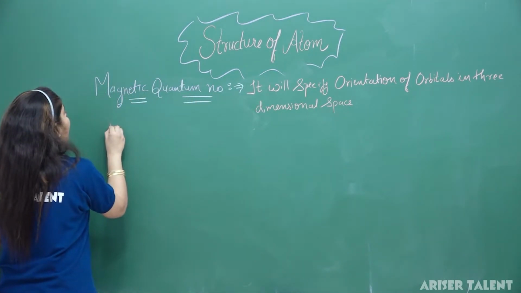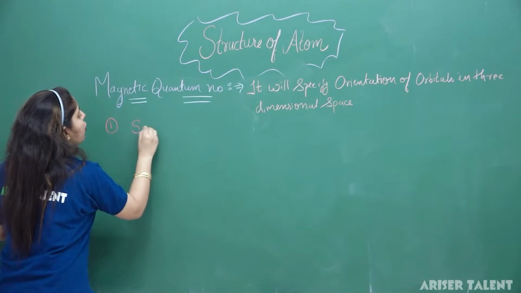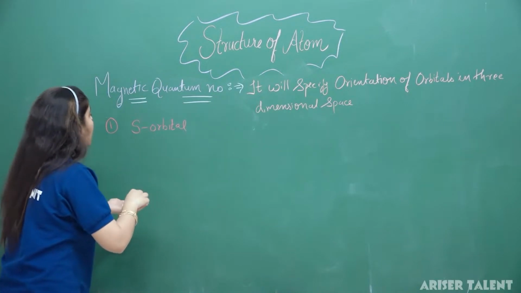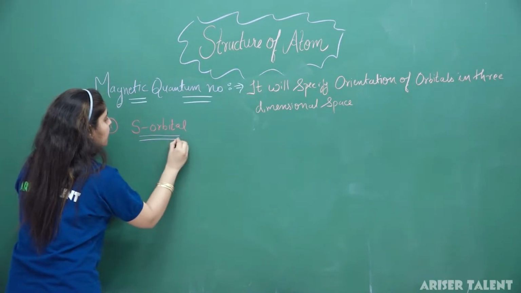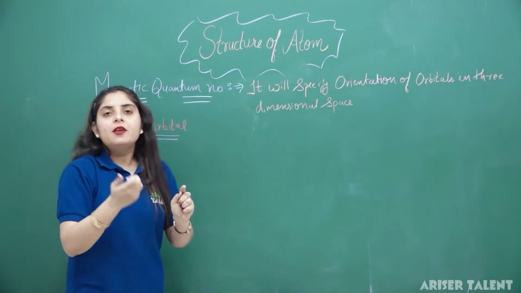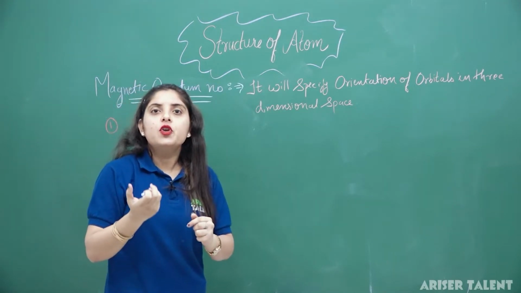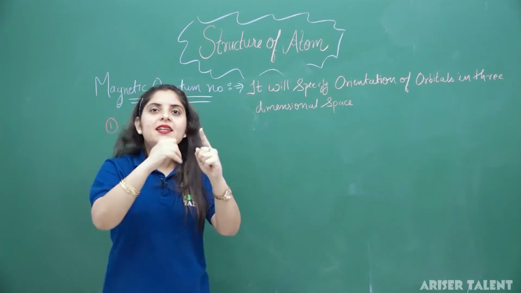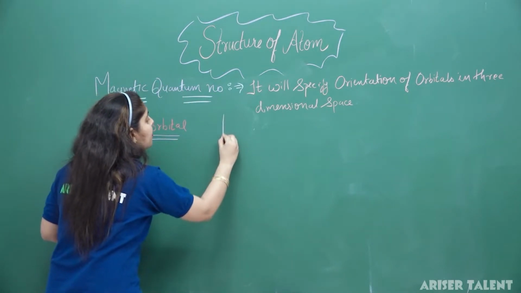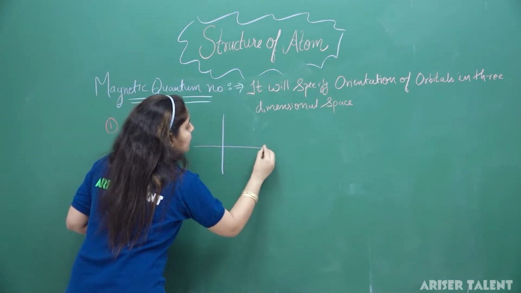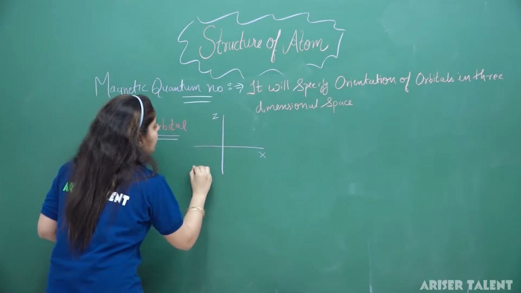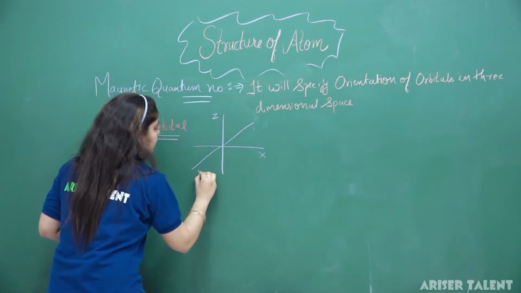So first I am considering the s orbital. So what about the s orbital? In the s orbital, if I want to find the direction of the orbital, it will be along the x-axis, y-axis and z-axis. So how will we draw the orientation diagram? It will be in the x-axis, z-axis and y-axis.